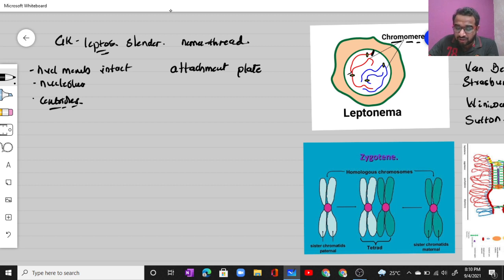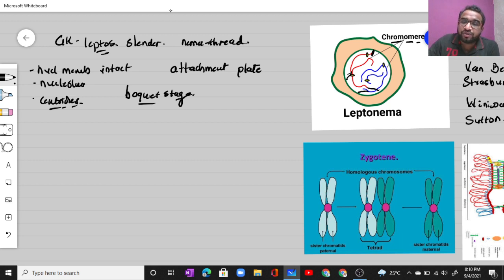So that's why they are not clearly visible. In many animal cells, it also appears as the bouquet stage, where the chromatin threads are attached to the nuclear envelope from one side. So their structure might be like this, right?